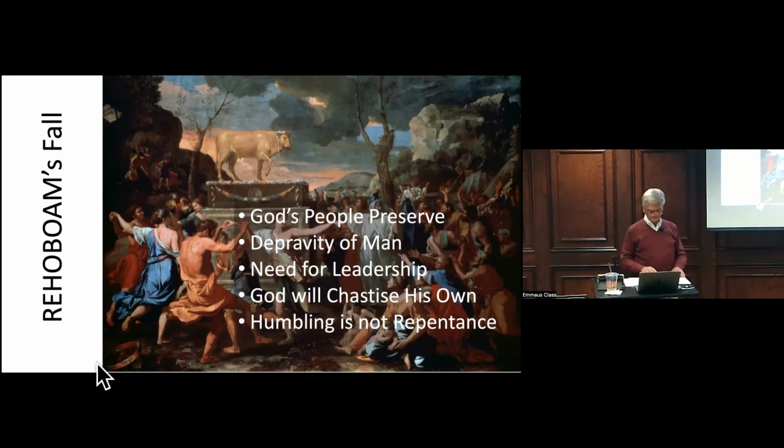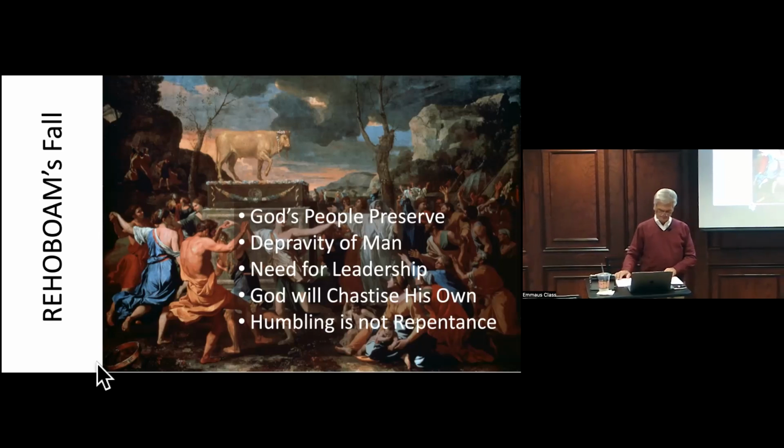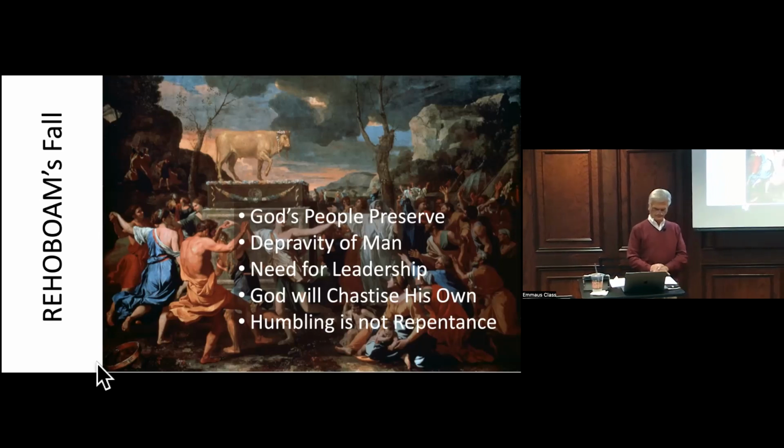Those from every tribe of Israel who set their hearts on seeking the Lord, the God of Israel, followed the Levites to Jerusalem to offer sacrifices to the Lord, the God of their fathers. They strengthened the kingdom of Judah and supported Rehoboam, son of Solomon, three years, walking in the ways of David and Solomon during this time.